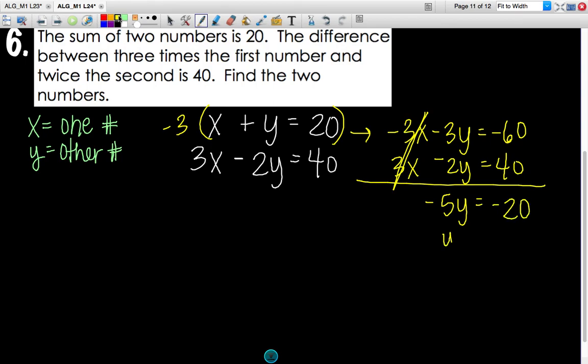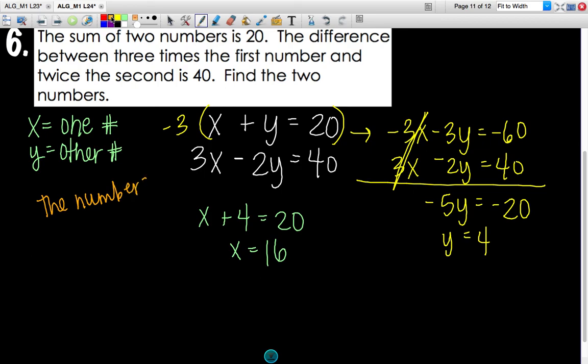Divide by -5, y equals 4. I now need to plug this back in. I'm looking for x plus 4 equals 20. So x equals 16. So my two numbers are 16 and 4, or 4 and 16, however you want to look at it.